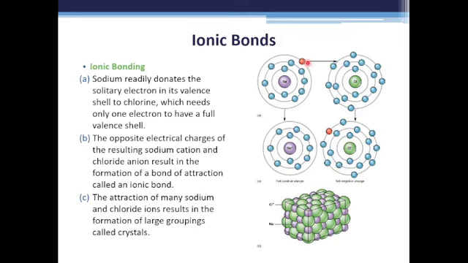We have an electron here that has been transferred to the chlorine. When an electron is transferred from one atom to another, that is called an ionic bond. This happens when one atom has a nearly empty valence shell and another atom has a nearly full valence shell, as you can see in this example.